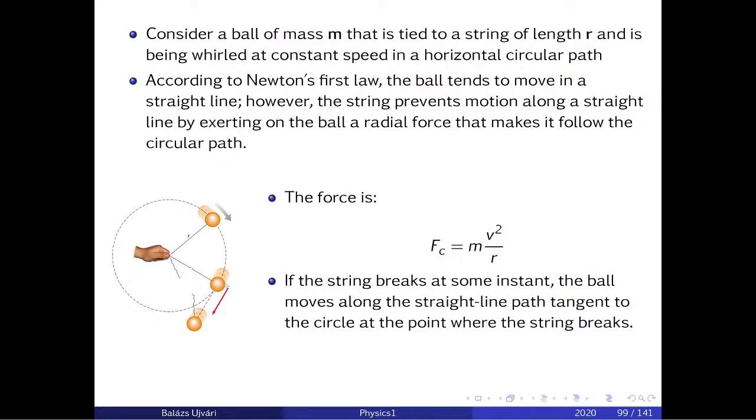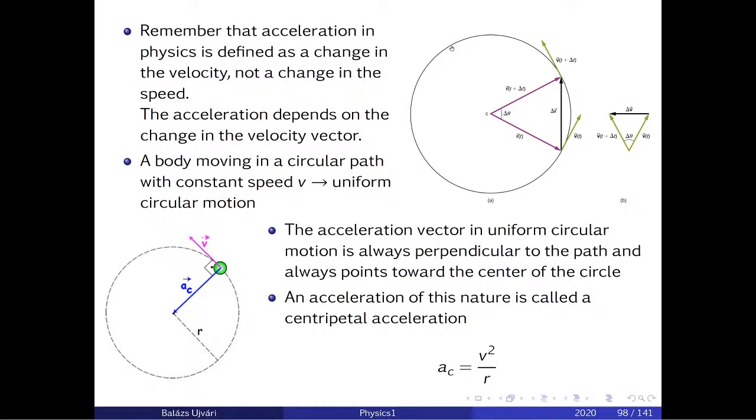It will move like a free body, with a constant v vector. So constant speed and constant velocity don't mean the same. Here we have a constant speed, but not a constant velocity, and that causes the acceleration.